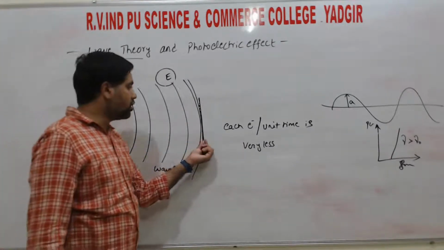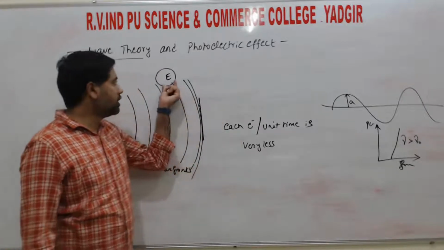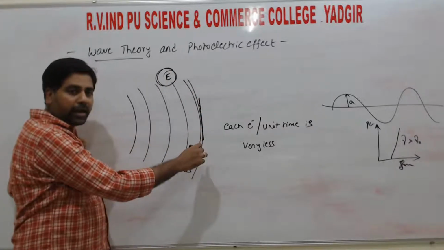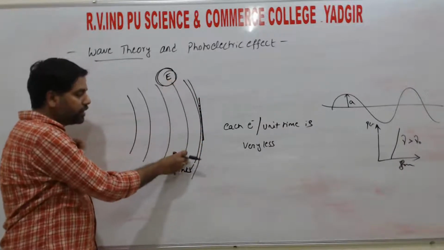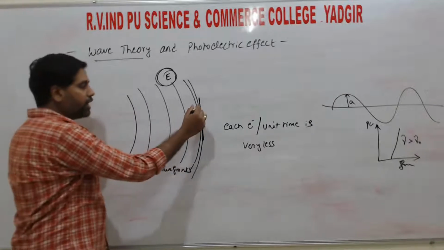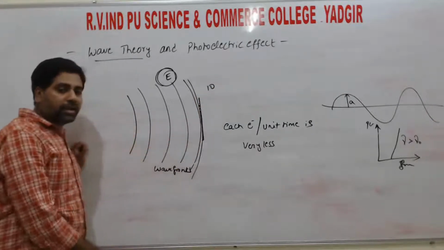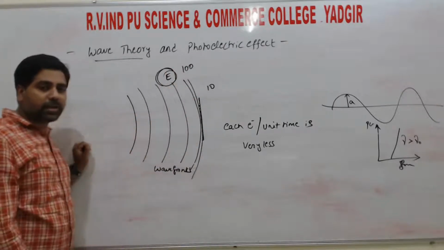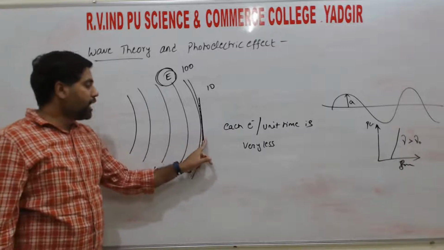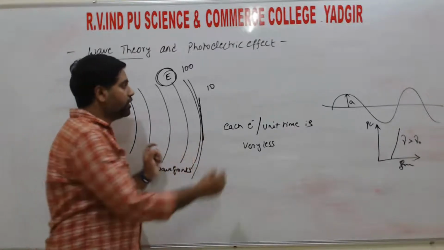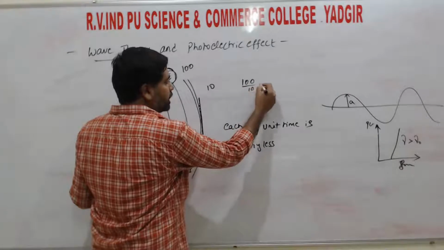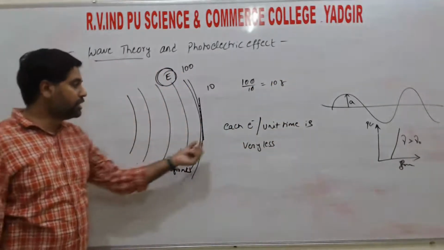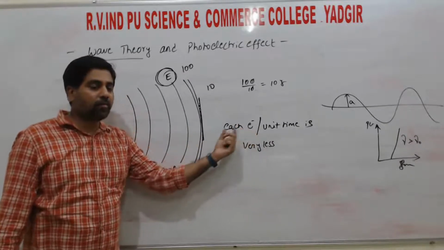Each electron gains energy, but not the full energy, because this energy is divided among all the electrons, since this wavefront contains the energy. If we consider we have 10 electrons, and for example 100 joules of energy in this wavefront, then each electron will get 100 divided by 10, which is 10 joules of energy per unit time.